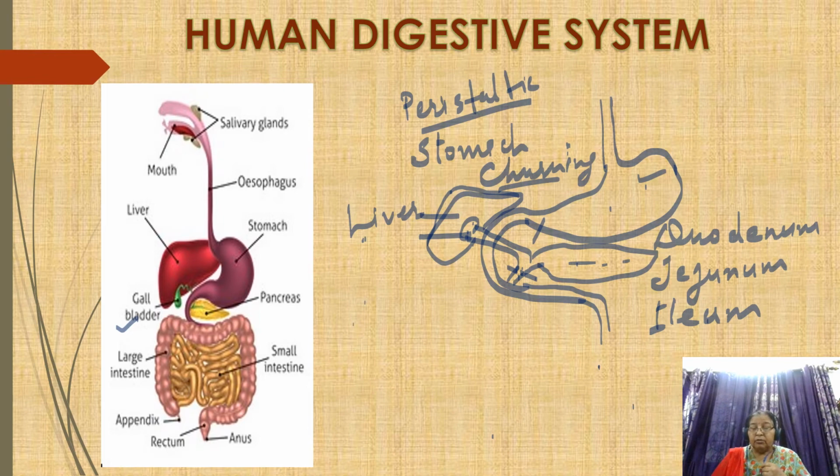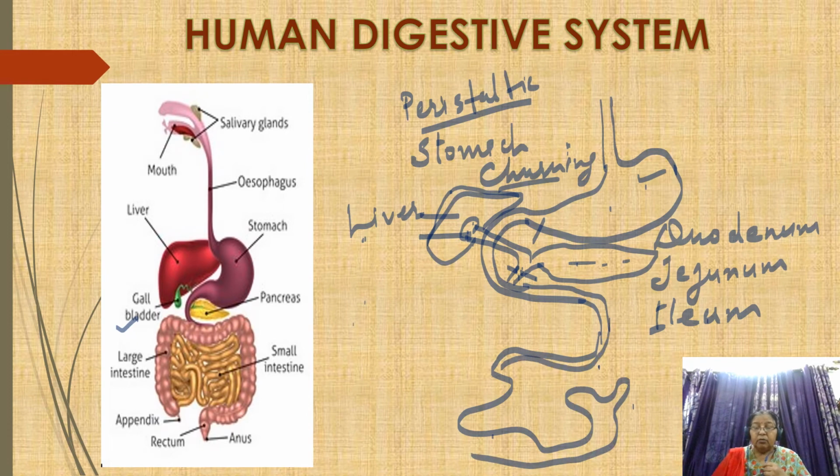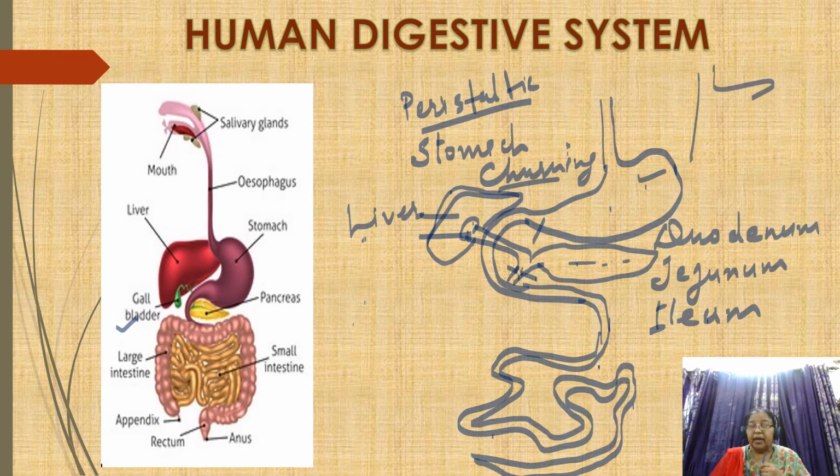Okay, now this small intestine, it is a very long intestine. Small intestine is very long. It can go up to 6 meters. Depending upon animals, it can be of various lengths. So in human beings, it can go up to 6 meters. So small intestine has finger-like projections inside, which are called villi.